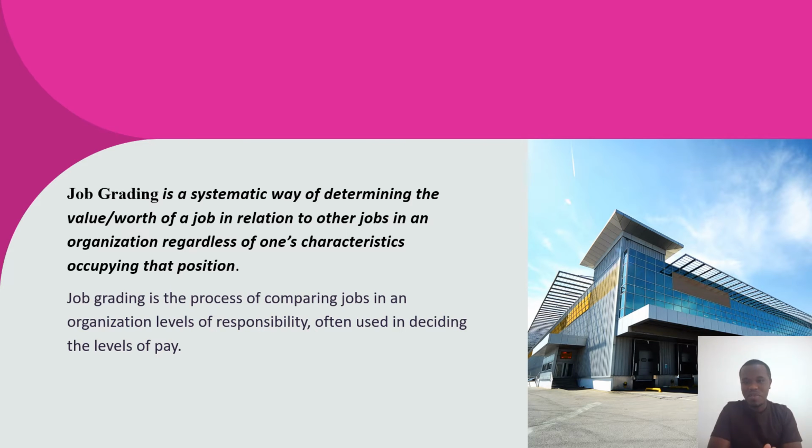For example, you can compare executives, the marketing department, the security department, and other departments in relation to their value, their worth, and how important they are to the organization. I hope you understand that.